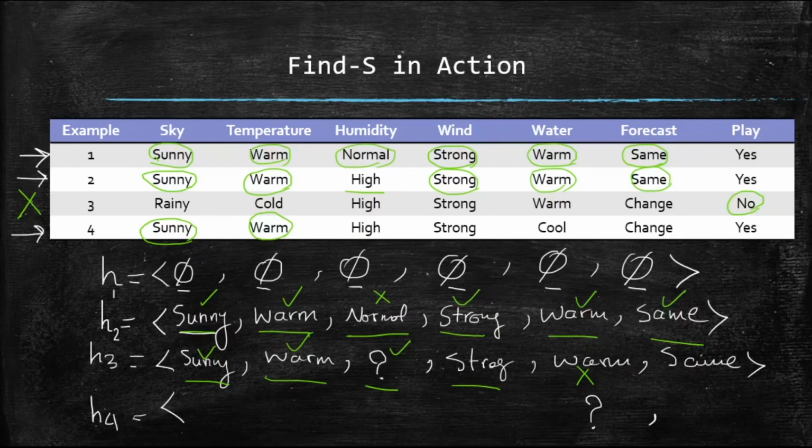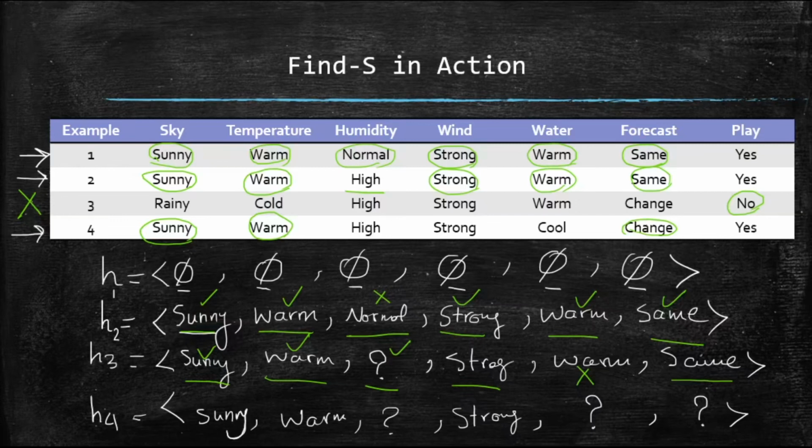And then what about the last bit? We've got change here, but we have same here. So again, it doesn't satisfy that. So we have to change the same constraint into a question mark constraint. And we would just copy and paste the other constraints. We're not going to change any of them. Warm and sunny.